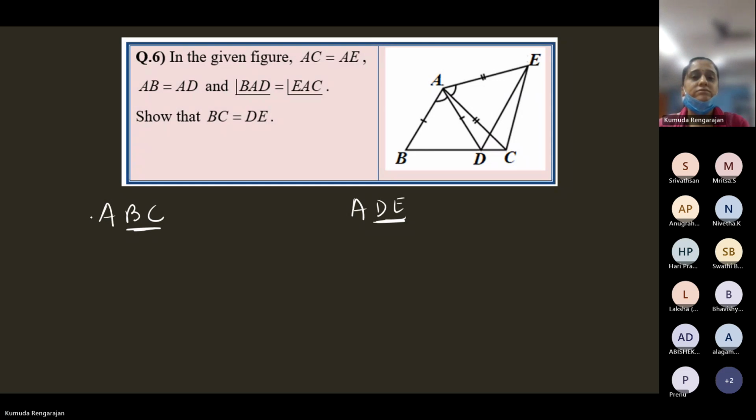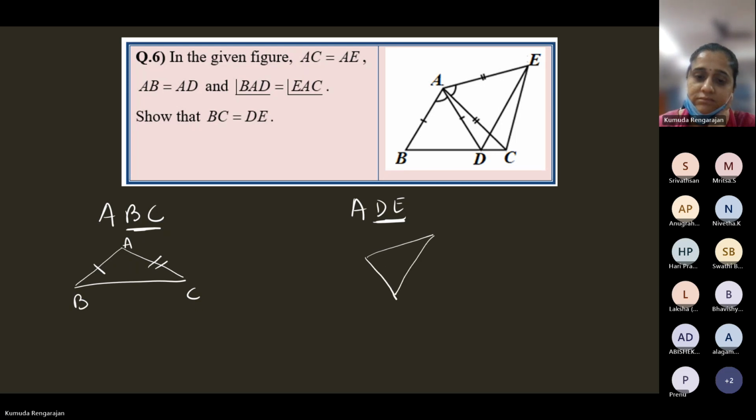Okay. So let me draw ABC. ADE. So let me mark the equal sides given. AB is equal to AD.